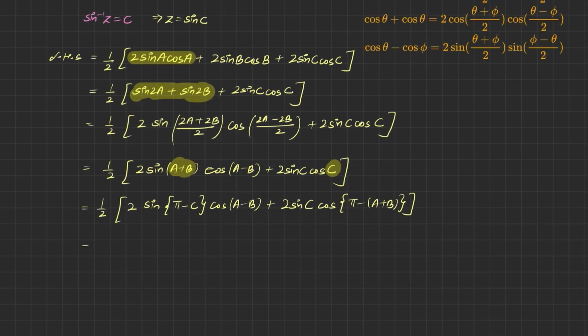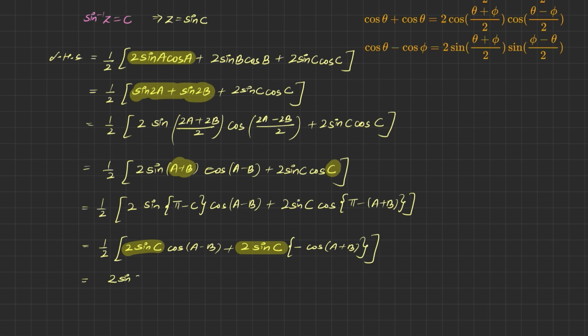So it will be equal to half 2 sine, pi minus theta is sine theta only, plus 2 sine c cos, pi minus theta is minus cos theta. So we can take out 2 sine c as common, so we will have 2 sine c over 2 cos a minus b minus cos a plus b.